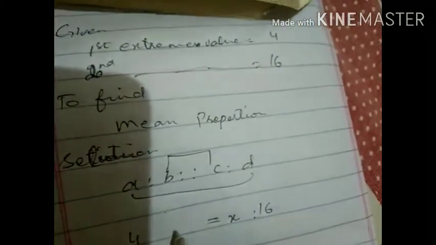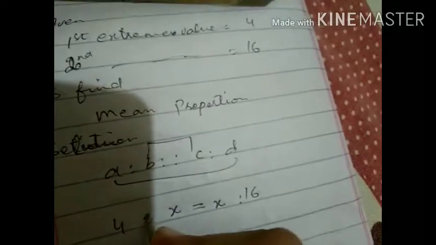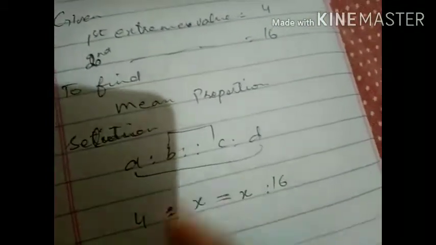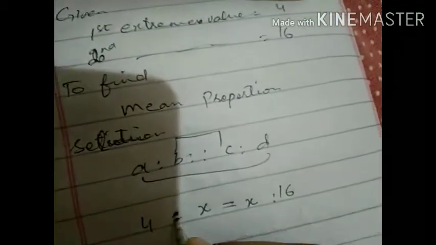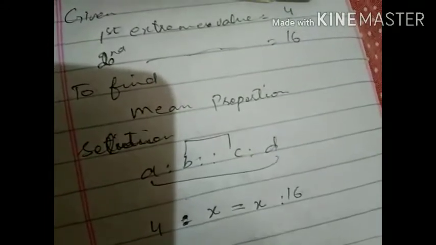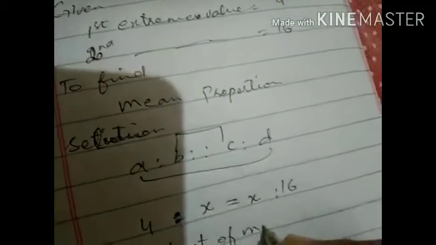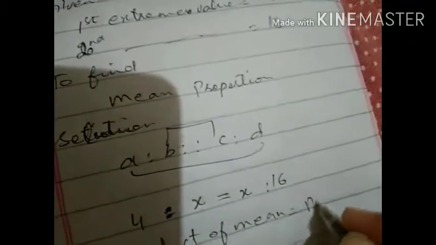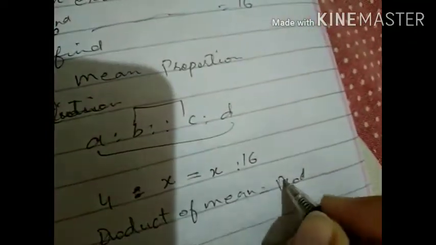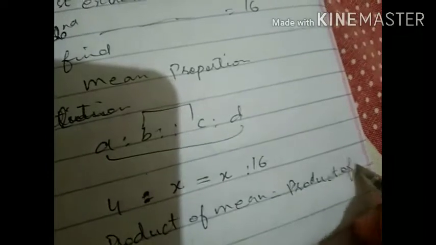Okay, we'll put the values 4, 16, x ratio. Now, according to the rule, the product of means is equal to the product of extremes.